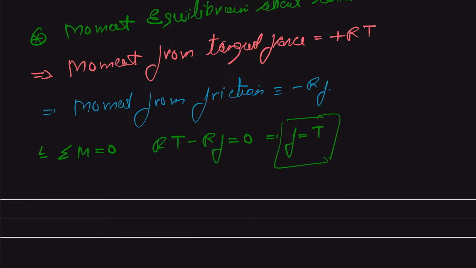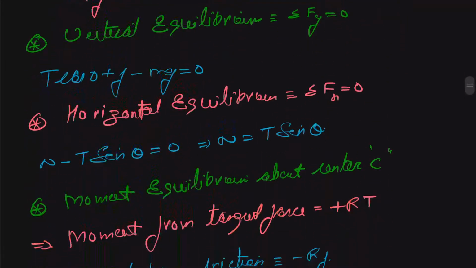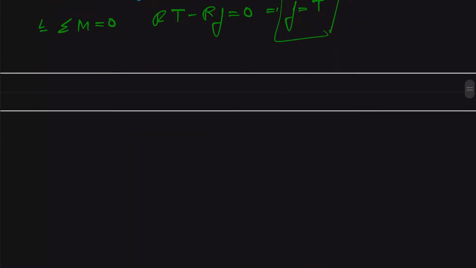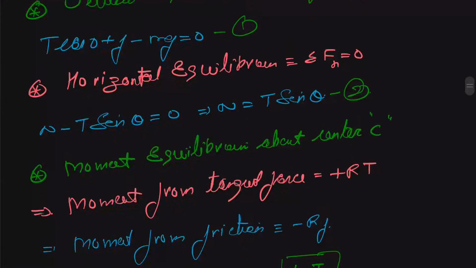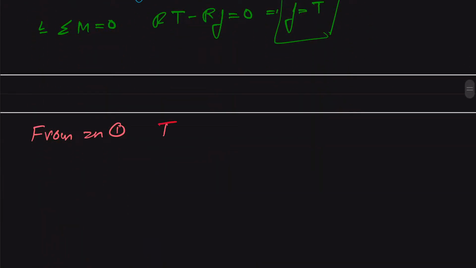Now we can solve the equations. We basically have two equations, equation 1 as well as equation 2. From equation 1, we substitute the value of F as T, so we get T cos theta plus T minus mg is equal to 0.